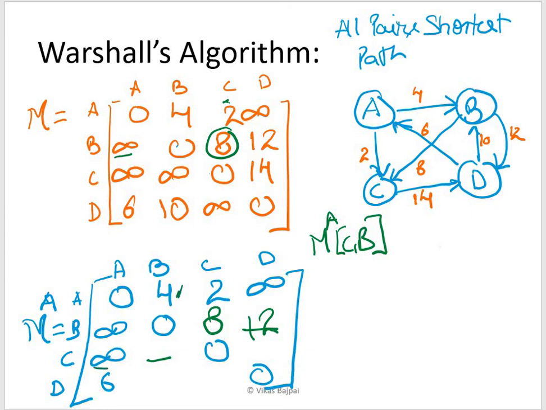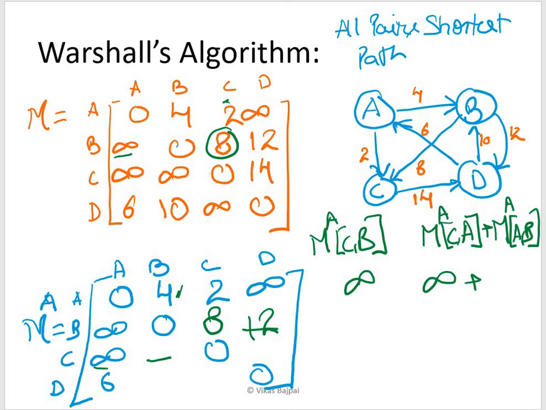So M of A, C comma A plus M of A, A comma B. What we see is C comma B from this particular thing is infinity, and C to A is infinity plus M of A, A to B, which is 4.